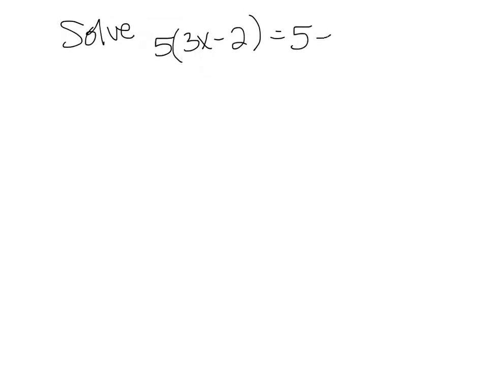So if we want to use these properties of equality, let's solve 5 times the quantity 3x minus 2, equal to 5 minus 7 times the quantity x minus 1. We'll start by distributing. That is, we're going to multiply 5 by 3x and 5 by negative 2.